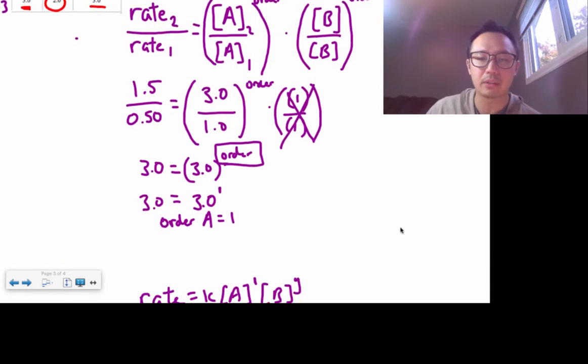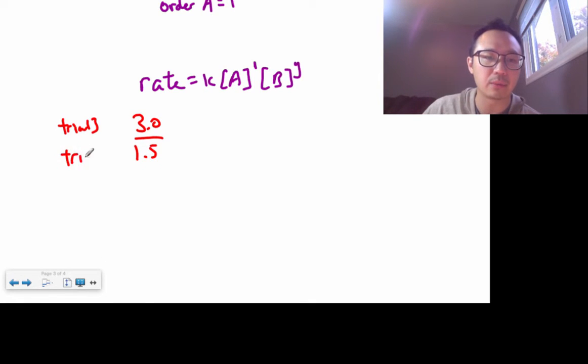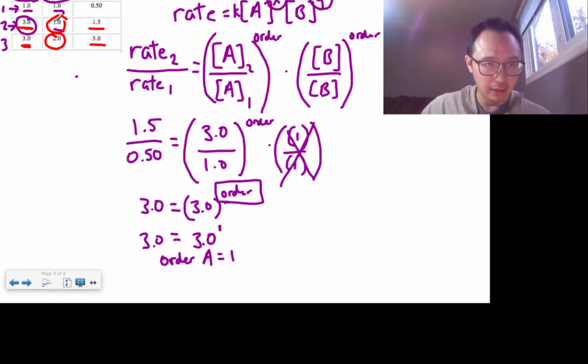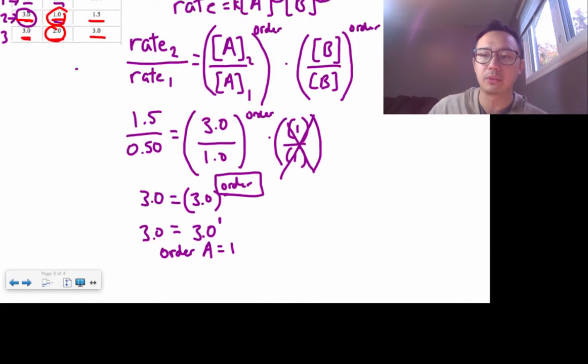I have 3.0 divided by 1.5. Again, this is from trial 3 and this is from trial 2. I think that's right. Yeah. And then you're going to see that for concentration B, trial 2 has 1 and trial 3 has 2. So I'm going to include those.